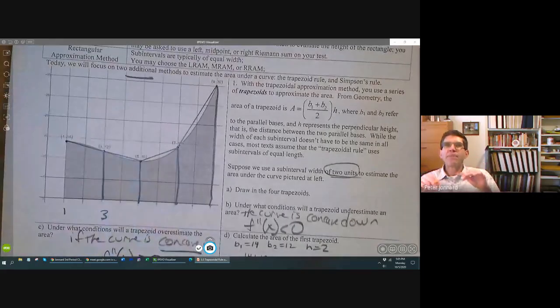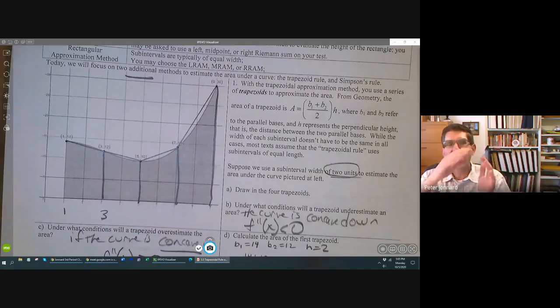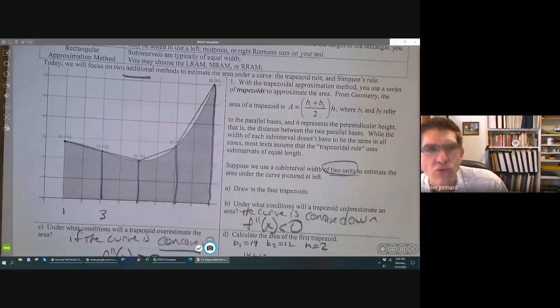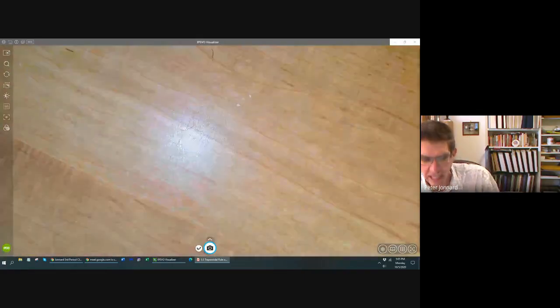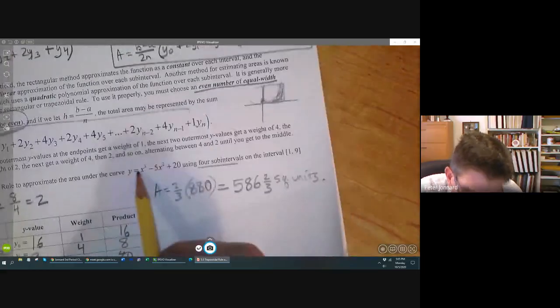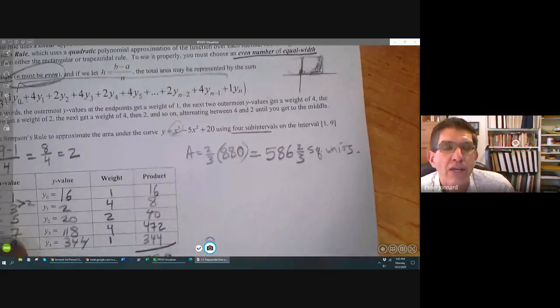What basically happens is when you have an even number of subintervals on a cubic and you use parabolas to approximate, you do the area under a parabola to approximate those areas, what happens is that the overestimation of one will exactly cancel out the underestimate of the other every single time. And so it's really cool when you use Simpson's rule on a cubic, it actually gives you the exact area. And so what I'm telling you is, because this is a cubic, Simpson's rule will give the exact area.